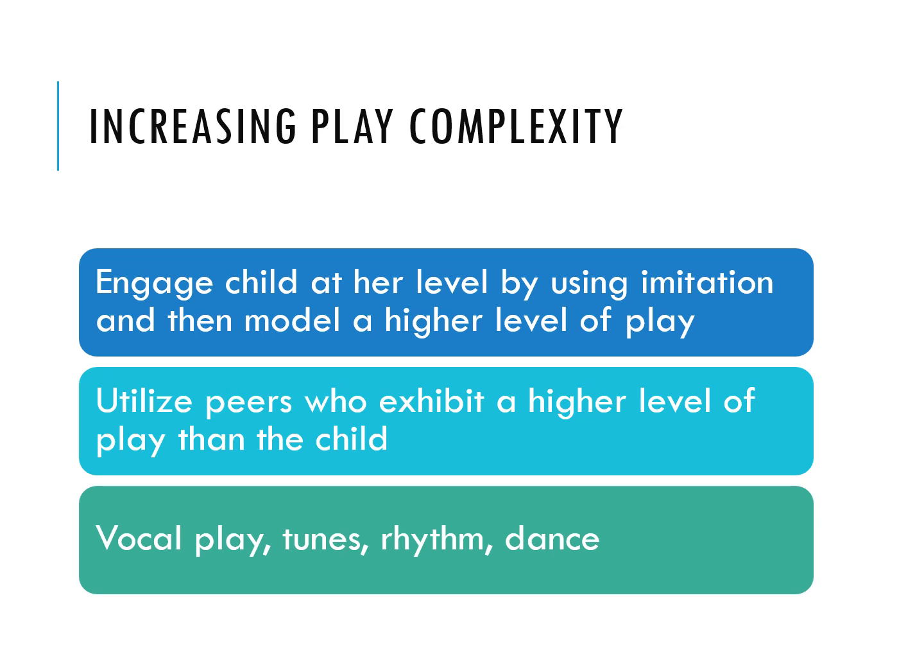So we need to be mindful when we're doing activities with children with autism that we pay attention to productive practice versus perseveration, and engage the children at their level by using imitation and then modeling the higher level of play. Utilize peers to exhibit a higher level of play than the child when that's appropriate. And vocal play, tunes, rhythm, and dance can be highly engaging in this population.